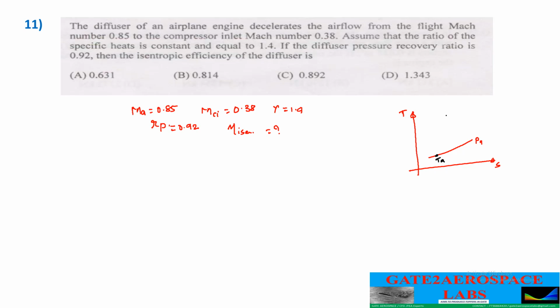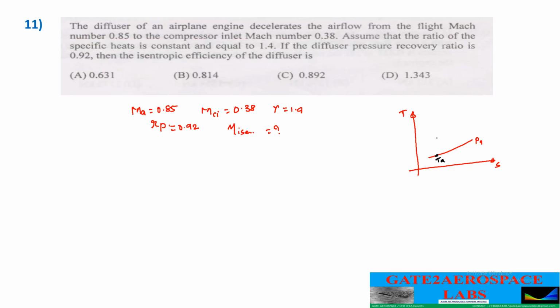Why adiabatic? Why not isentropic? Because there is friction involved while entering the diffuser, so there is irreversibility in the system. And there is no heat addition to the system. Externally we are not adding any heat to the air. So this is an adiabatic process.